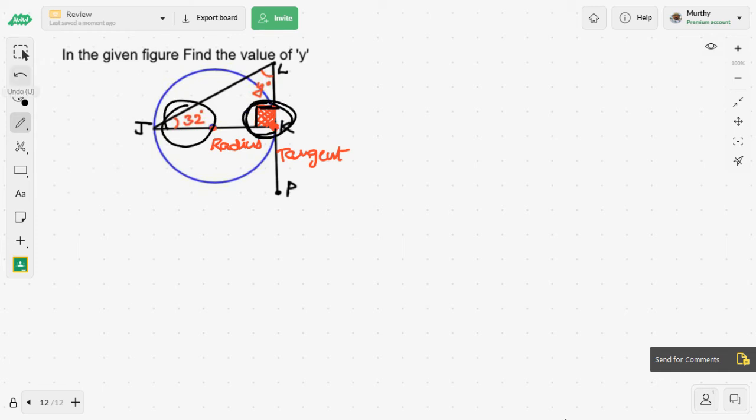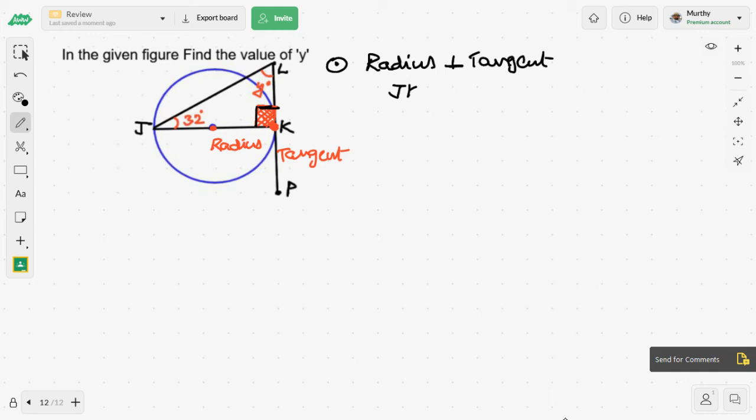What is the third angle of the triangle? You know that the sum of three angles of a triangle equals 180. So starting with point number 1, radius is perpendicular to tangent, which means the value of angle JKL is equal to 90 degrees.